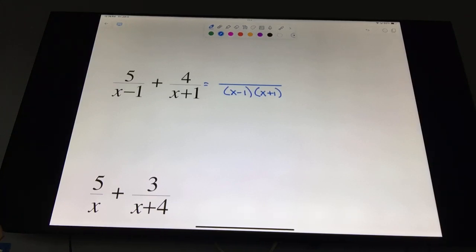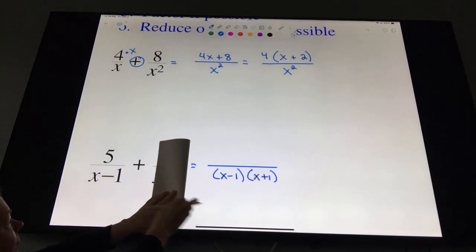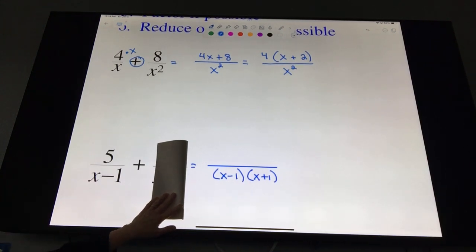And then I compare. Now, don't make this harder than it is. When I look at the first fraction and I compare it to the common denominator, what's missing? Denominators only.